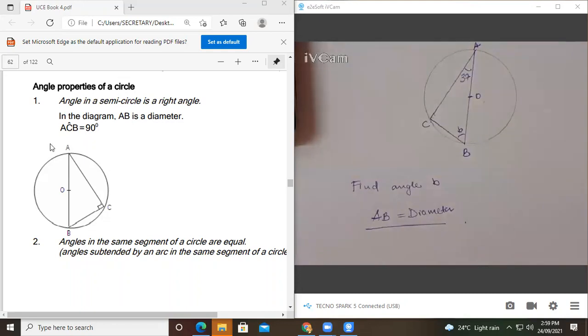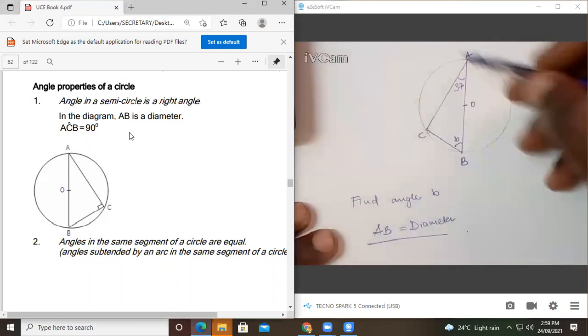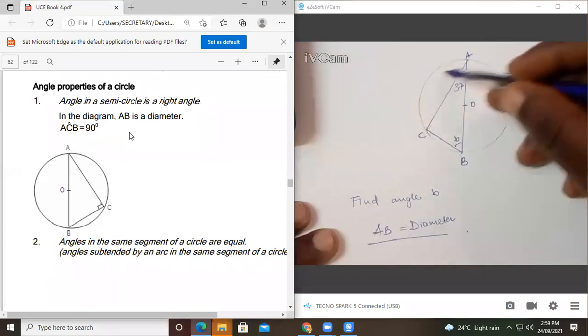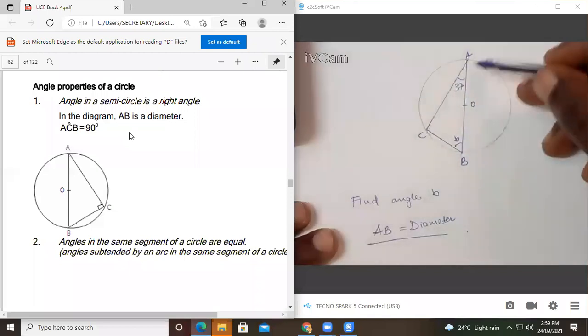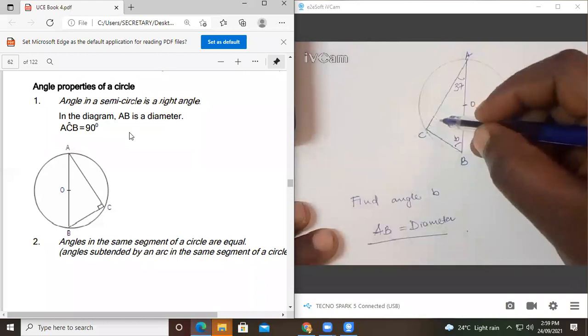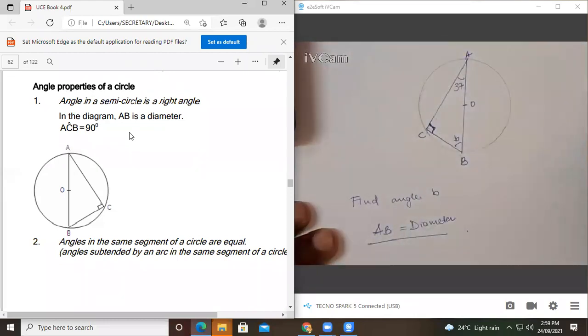No, I'm talking about number one. What does it say? Angle in a semicircle is a right angle. Now, if this is a diameter, do you know that this one is a semicircle? And also this one is. So the angle that is found in the semicircle is a right angle.